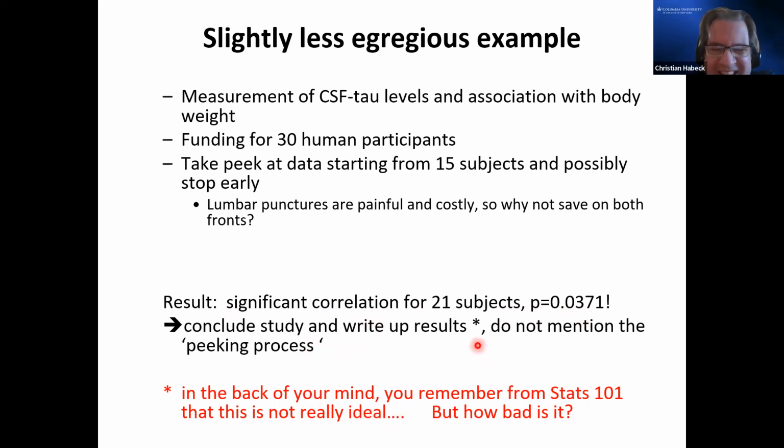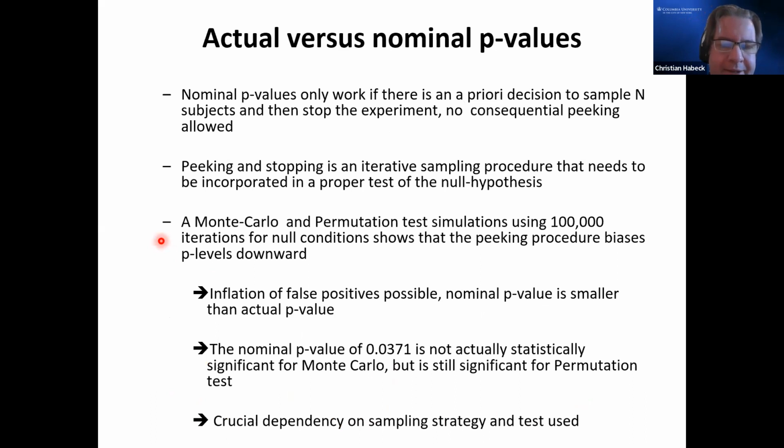You heard somewhere that this parametric formula, the calculus, only holds if I have a pre-planned study. I can't really iteratively peek like that, but how bad is it really, right? And now the problem comes in that there's no a priori decision rule to stop. I don't even know how to do the statistical inference, right?